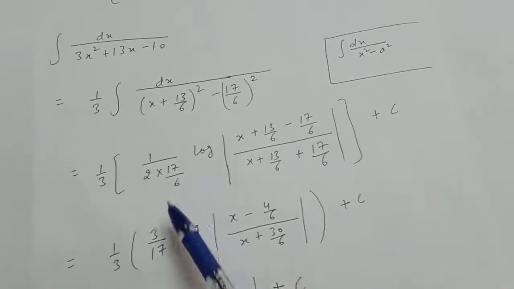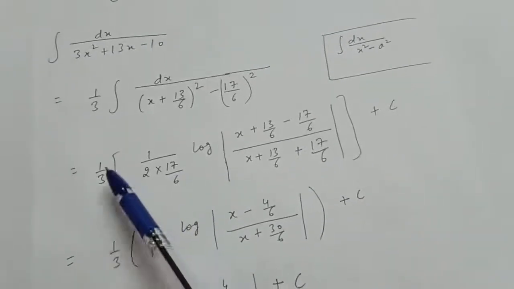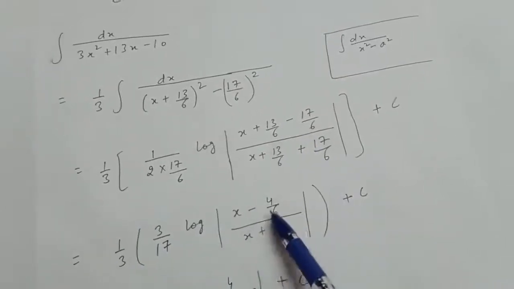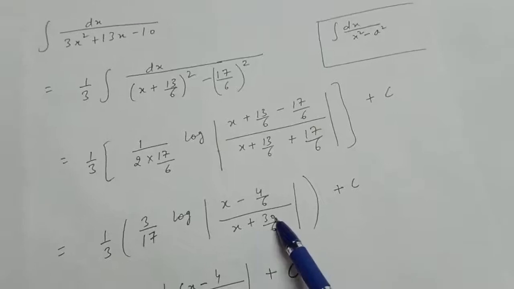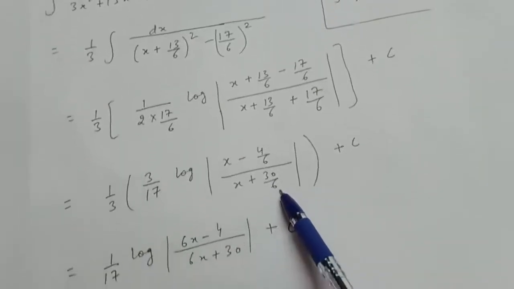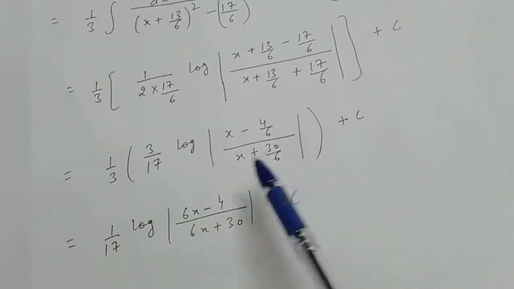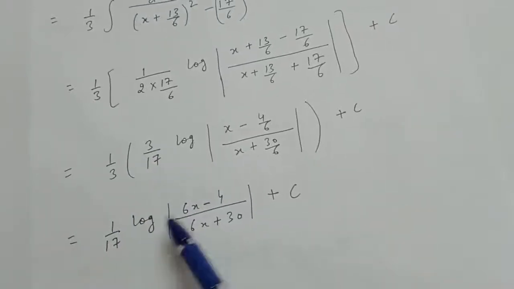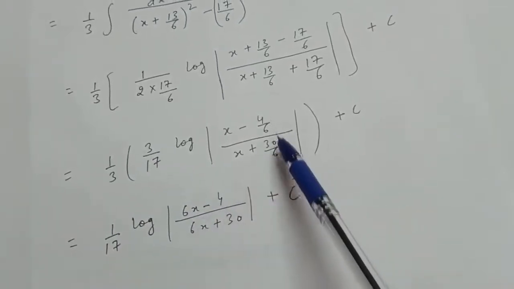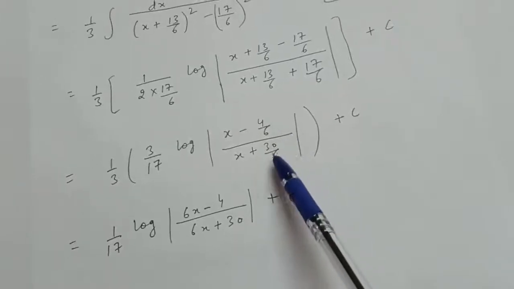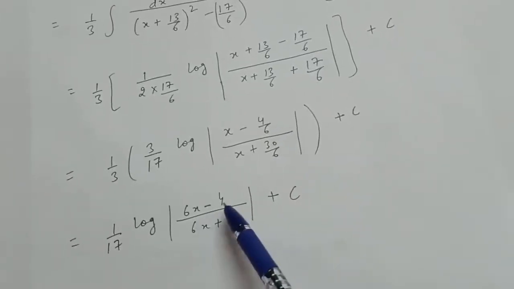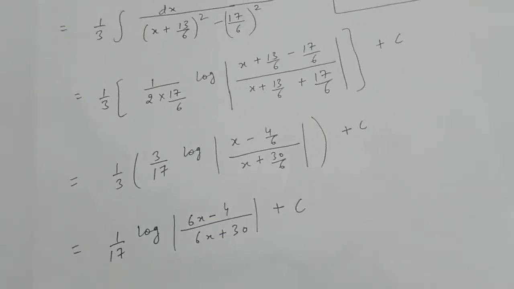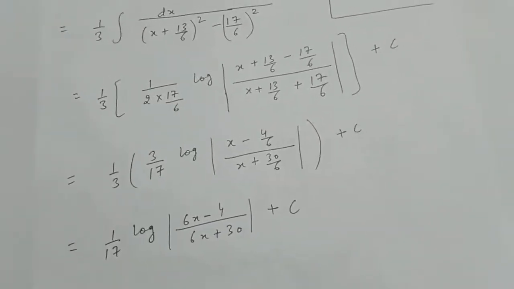This will be 3 by 17, 1 by 3 as it is, into log, solve this, x minus 4 by 6 upon x plus 30 by 6 plus c as it is. Now this 3 will get cancelled, so you will get 1 by 17 log mod of, taking LCM in the numerator and denominator, 6x minus 4 upon 6x plus 30. So this is the required answer, right?